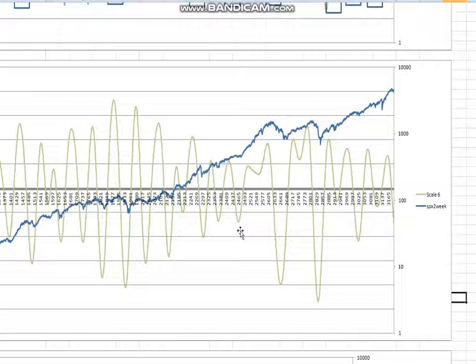So I dug deeper into this. Well, I started out with the 2-week data, so I changed to 1-week data, and still I liked what I saw. It was a nice result, nice correlation. So I went over to daily data, calendar days, of course.